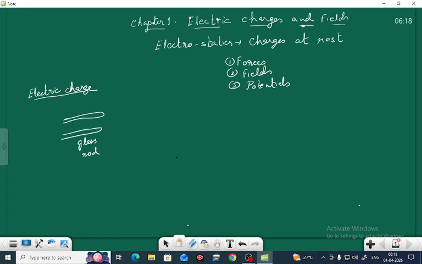If we rub this glass rod with wool or silk, it is found that the glass rod changes into a positively charged rod. Why positive? Because when we rub the glass rod with wool or silk, some electrons are transferred to the wool or silk. When electrons are transferred, the glass rod becomes positive.